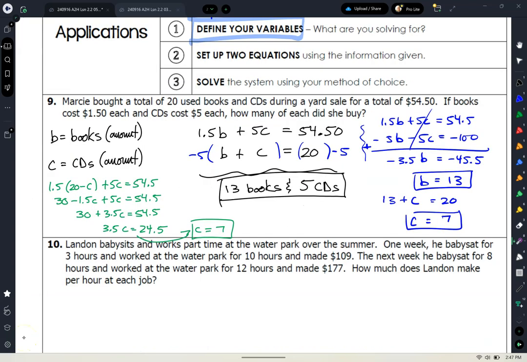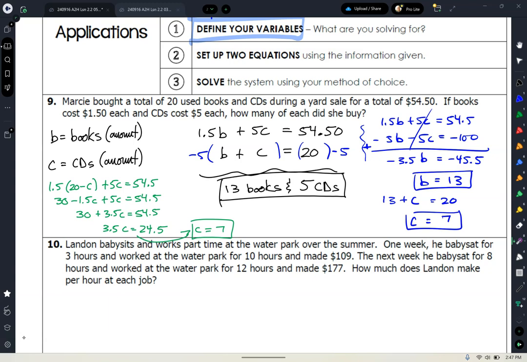Okay, I got to keep going. So take a look and see how you did. Okay, now you'll notice that in the blue, I solved it by elimination. In the green, I used substitution. Either one is fine, okay?